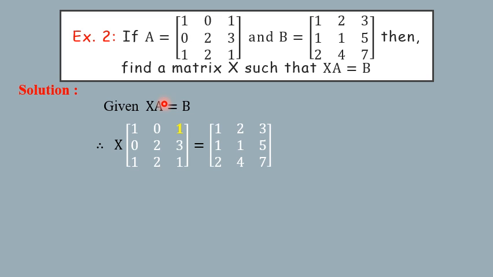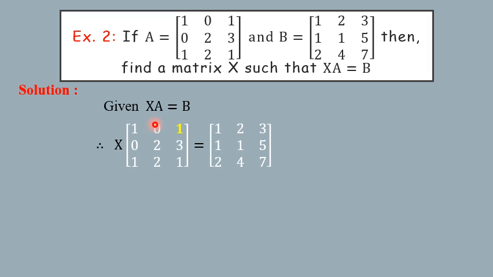This is matrix A, and this is matrix B. Now when we reduce matrix A to the identity matrix, then it is possible to find X. For that, we have to use column transformations, because in this product X is the prefactor and A is the postfactor, and we perform column transformations on the postfactor.